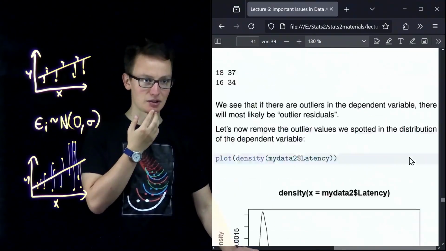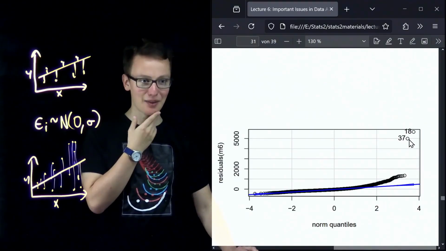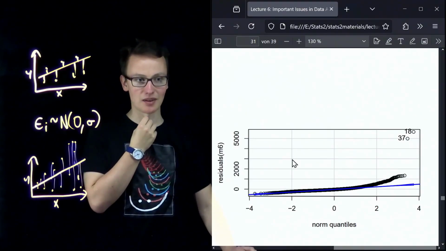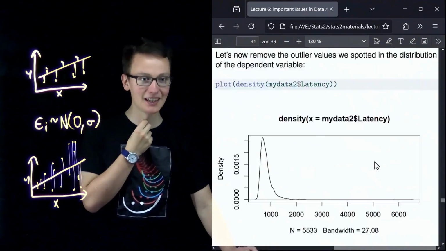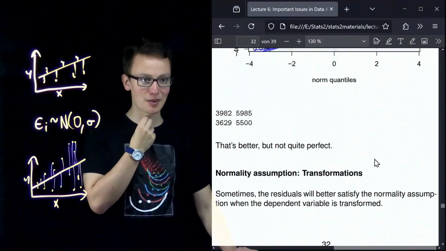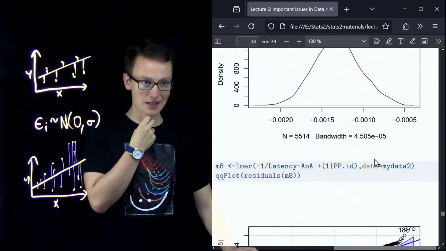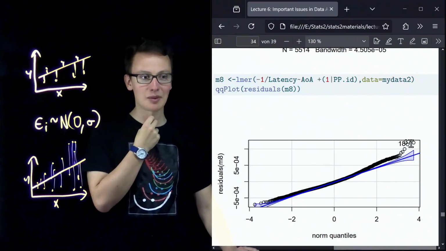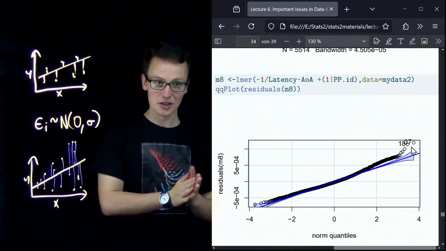You actually have to compare 37 and 18. These were these very extreme ones. So this was the original QQ plot, basically. And now with the inverse transformation, which appears to perform best in this case, they are still off the ideal line, but not so extreme anymore.